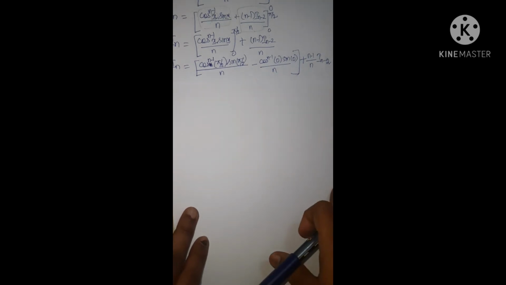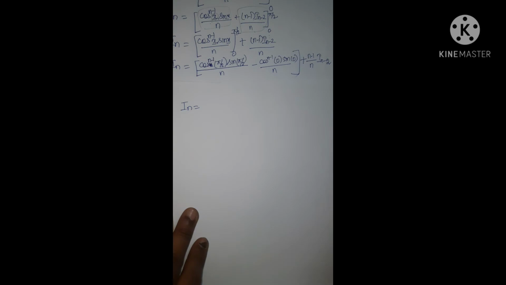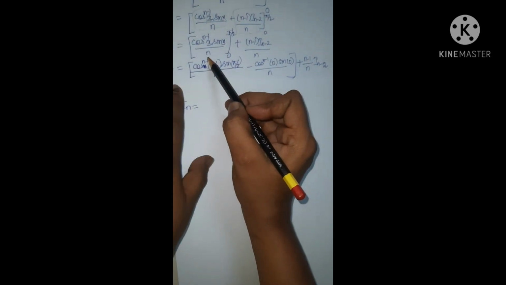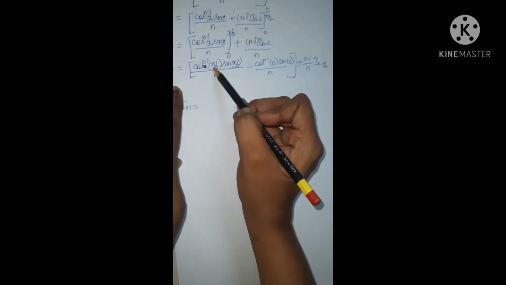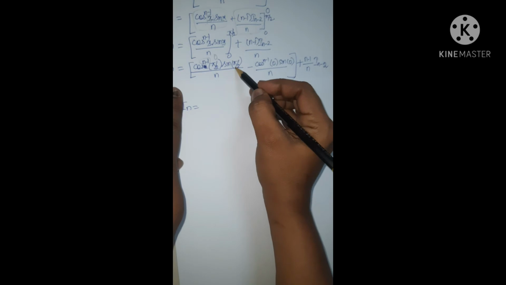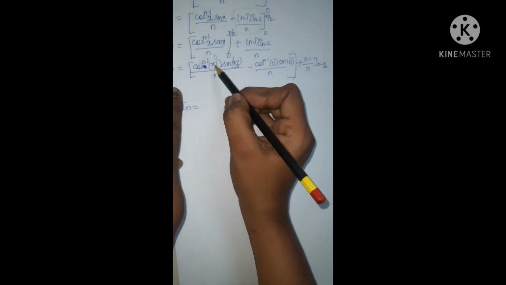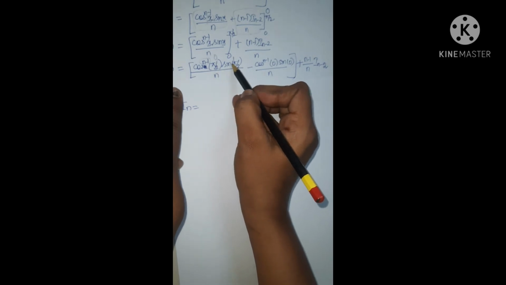So what is the next step? Let me simplify. I_n equals, forget about the power for a while. What is cos pi by 2? Cos pi by 2 is cos 90 degrees, and the answer is 0. Sin pi by 2, sin 90 degrees, is 1. So 0 into 1 will become 0.